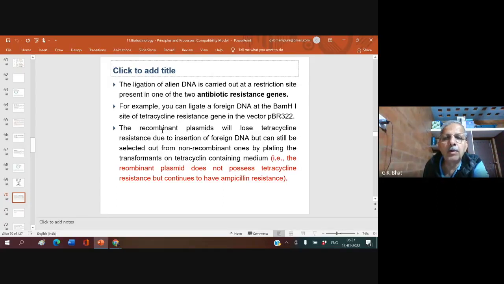What do you mean by recombinant plasmid? A recombinant plasmid is a plasmid with the alien piece of DNA.